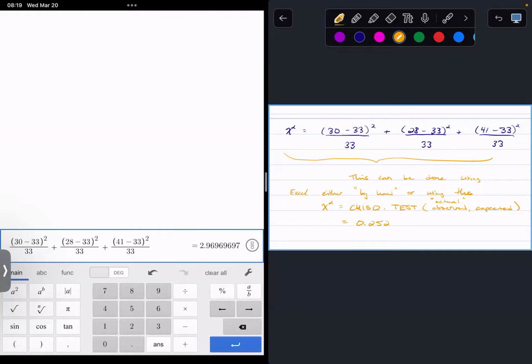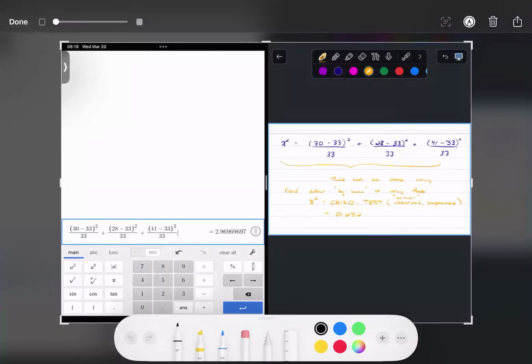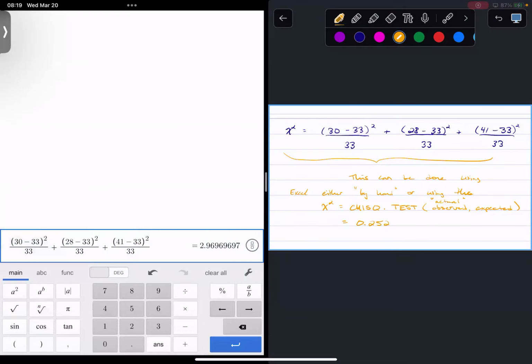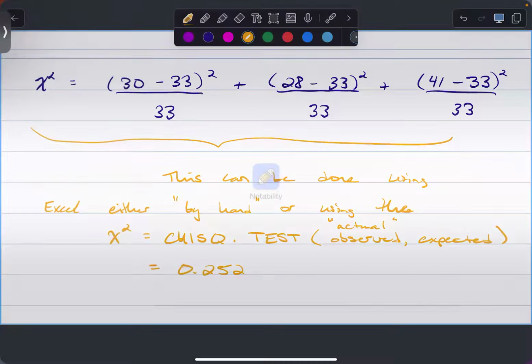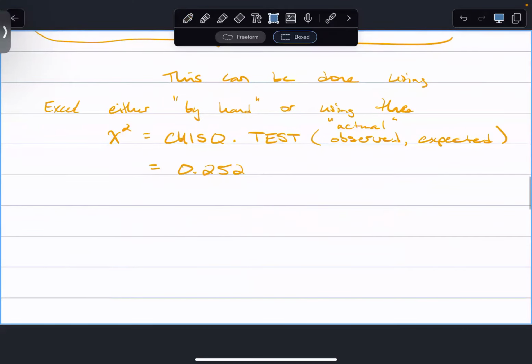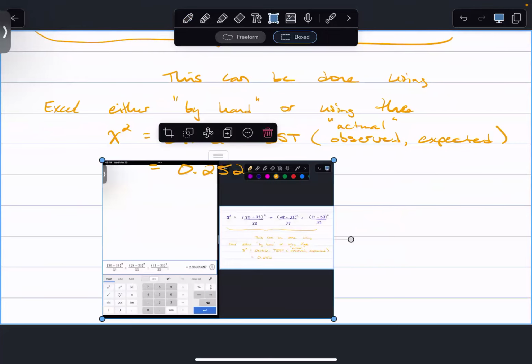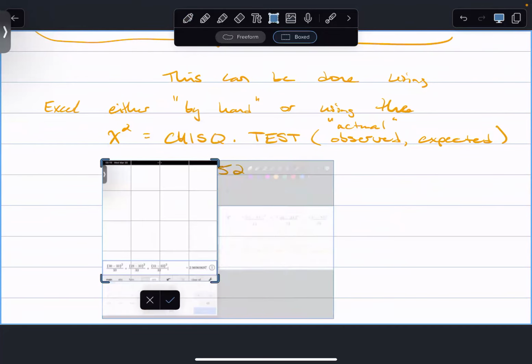Wait. I'm going to snag this. Did it change it? Yeah, it did change it. And is it? It's not that. Uh-oh. 0.226 if you read it.